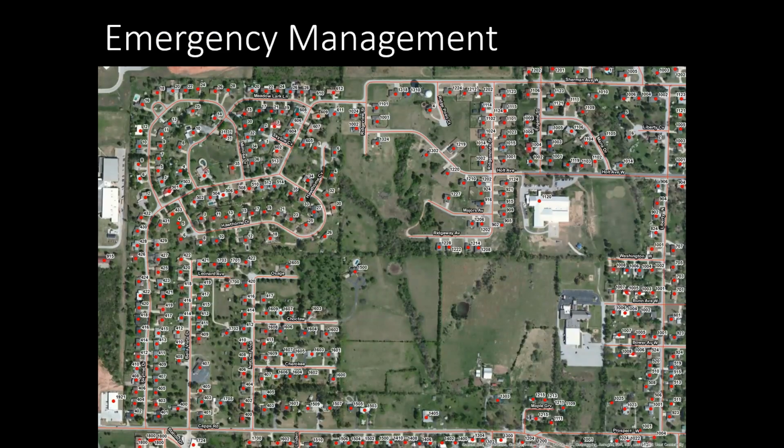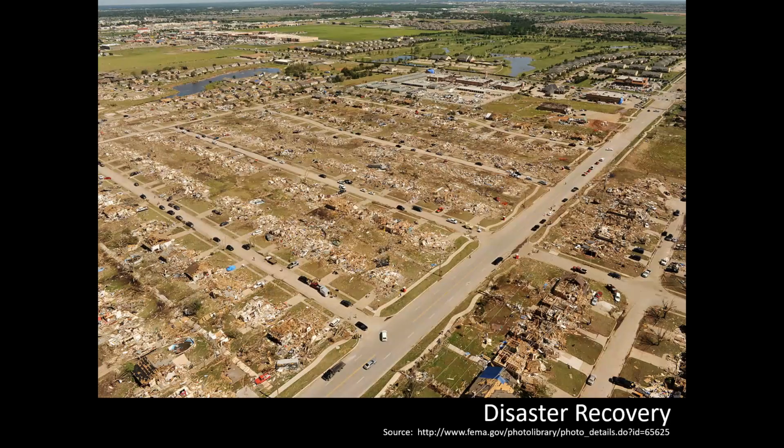So thinking about emergency management, we think about the typical things of flooding or tornadoes or hurricanes or anything like that. And in the unfortunate event that one of those things occurs, this type of information can become very, very valuable, because in a very real sense, if you think about before and after, this picture might represent the before, and this picture might represent the after.